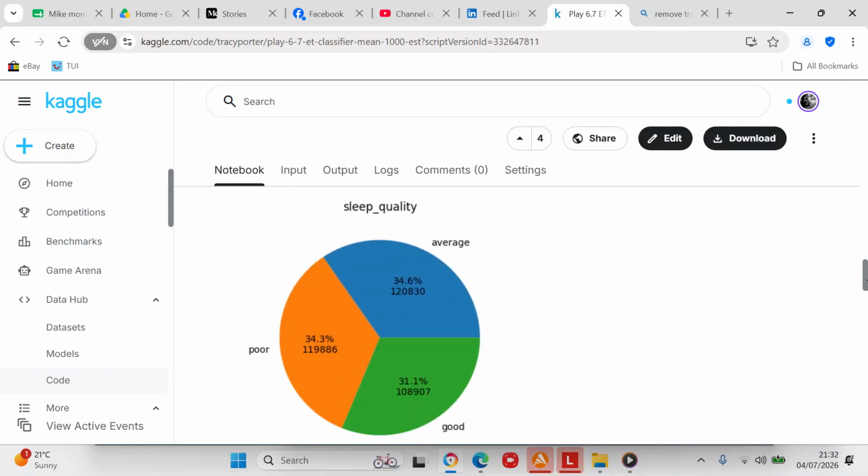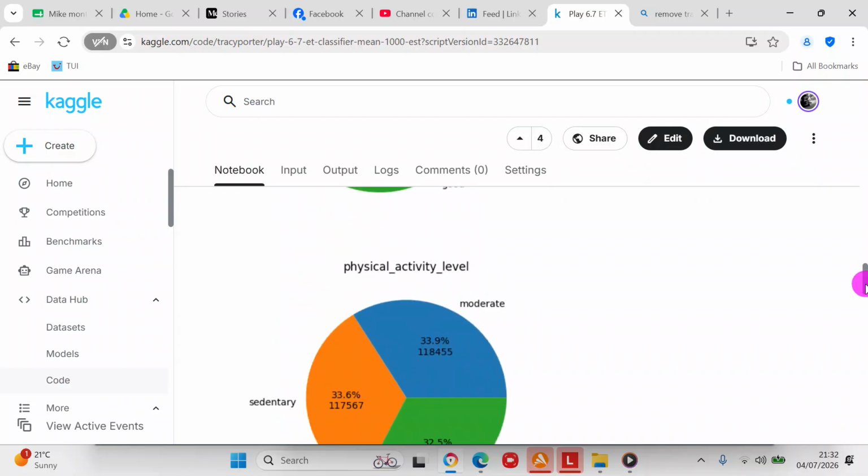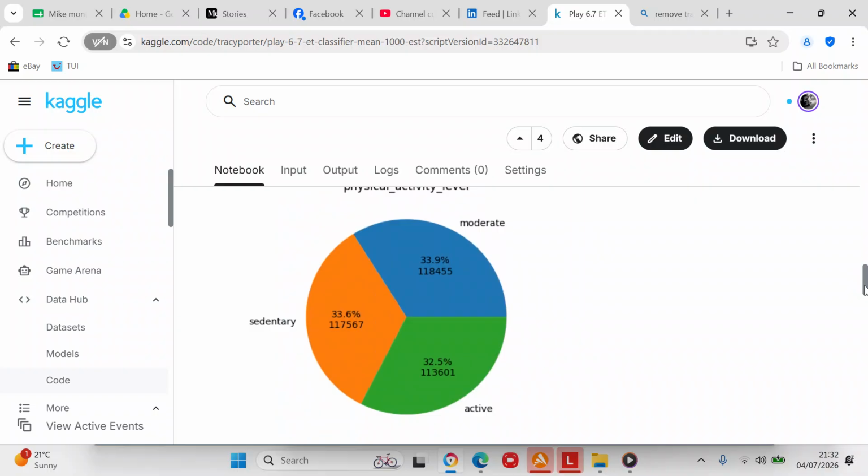Sleep quality, again, you had average and poor. So average was the number 1 sleep quality, but poor ran a close second. Physical activity level. So moderate physical activity was the highest, but all 3 of them were about a third.